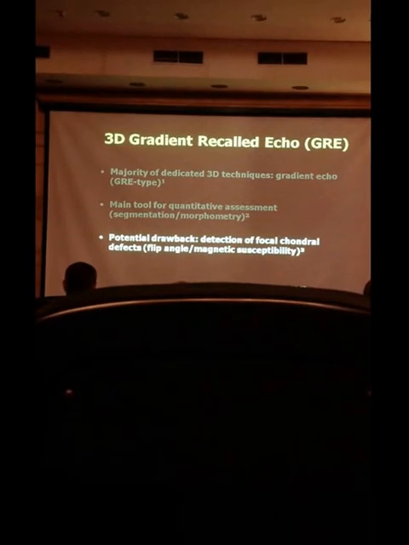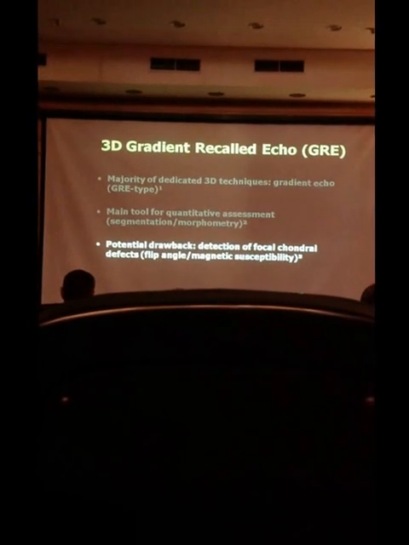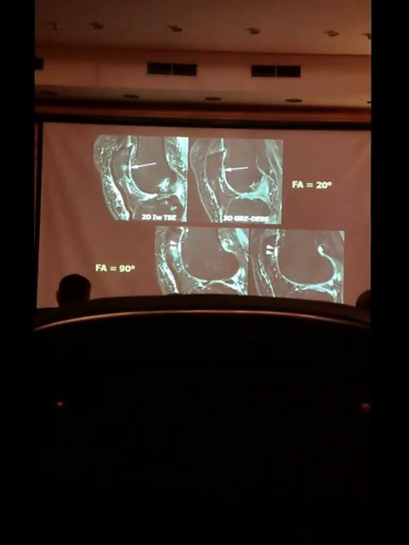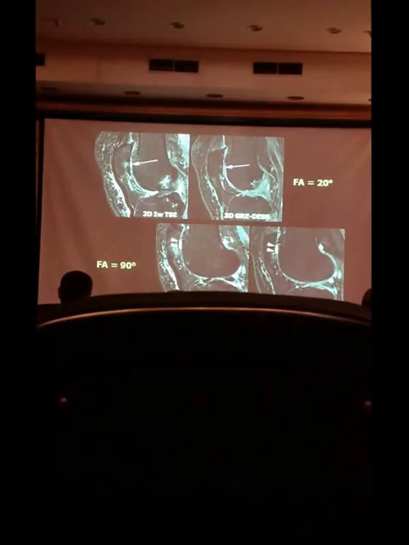This is often because we're not manipulating contrast properly when using the sequences, especially the flip angle of the sequence, and some magnetic susceptibility inherent to these techniques might also give us some trouble when detecting some focal defects. So I showed an example here of how we can manipulate contrast by changing the flip angle using the sequences. The example above, you can see here.